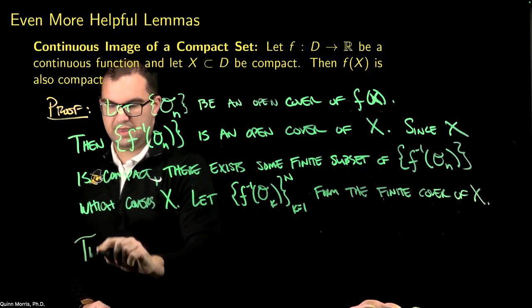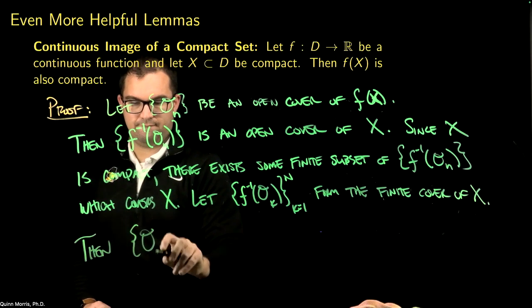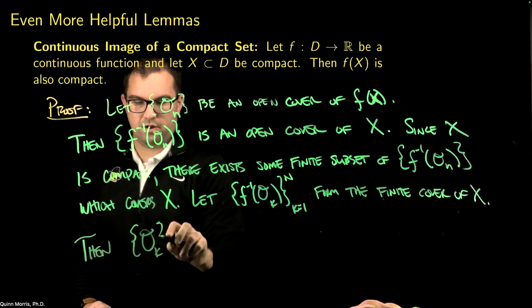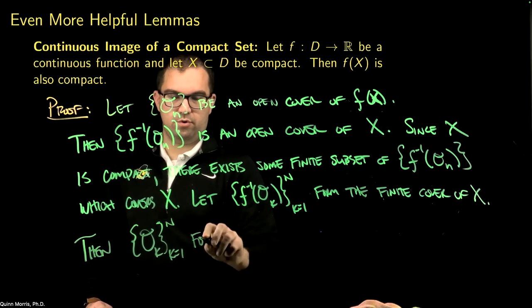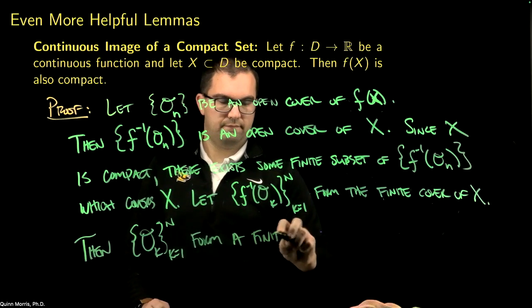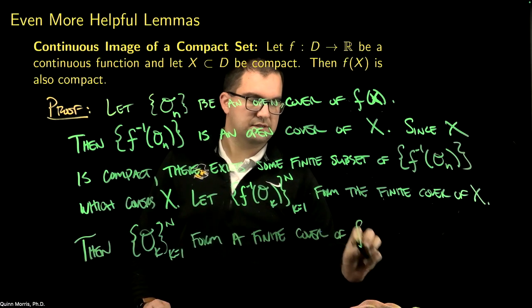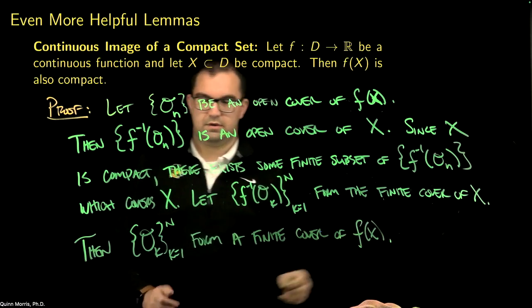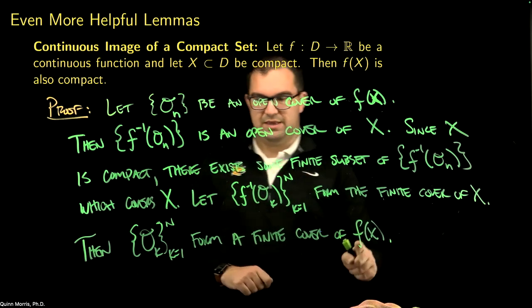Well, then the O sub k's themselves must form a finite cover of f of X. Now, again, we're going to use the surjectivity here.